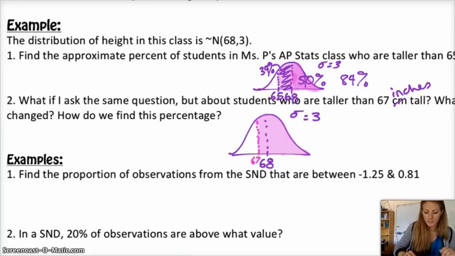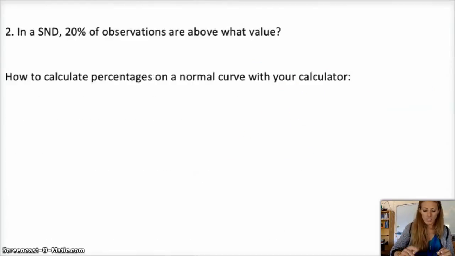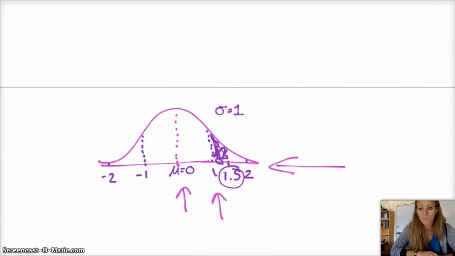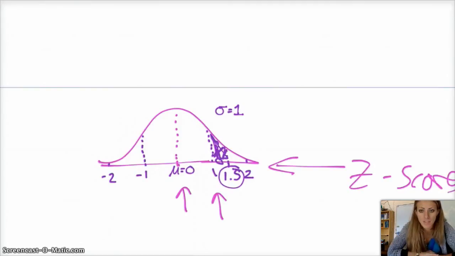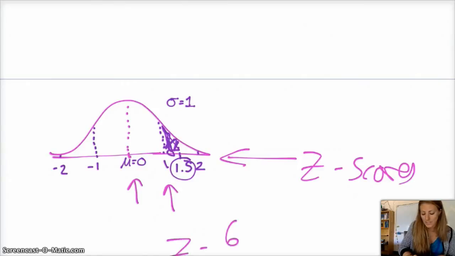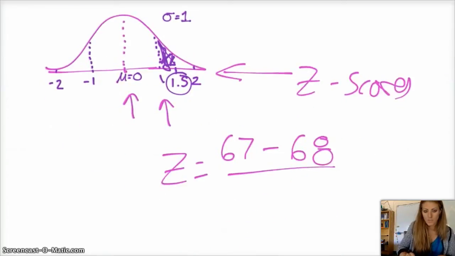So for example, the 67 is going to be a z-score on the standard curve, which has a mean of 0 and standard deviation of 1, right? Basically, this entire x-axis is all of the z-scores for a set of data, okay? And so if I have a data point like that 67, and I ask what's the z-score for that 67? Well, 67 minus the mean, which is 68, divided by the standard deviation, which is 3.